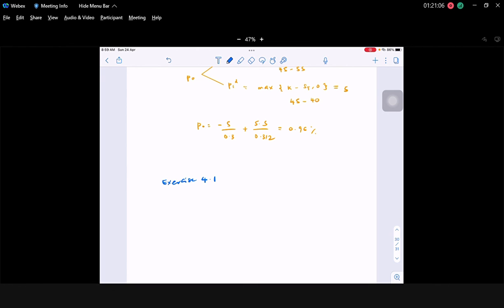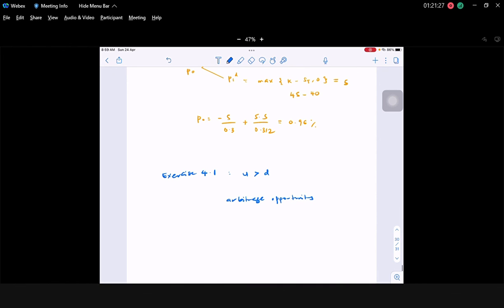Untuk case 4.1, kita assume upstate of course greater than downstate, dan arbitrage opportunity, U greater than R greater than D tadi.